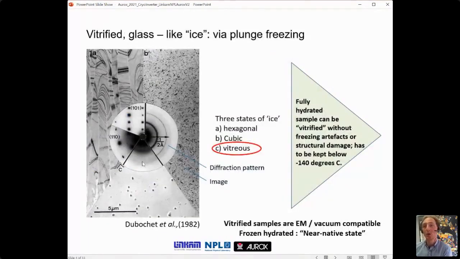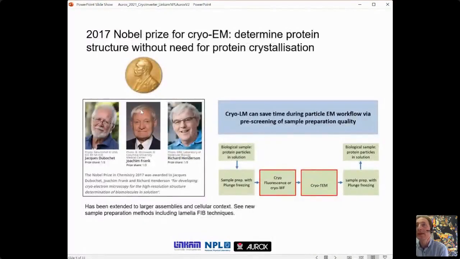Throughout the workflow, you will need to keep your sample colder than -140 degrees Celsius, because otherwise you will get crystal formation and that will destroy the ultrastructure of your sample. That's an image from the Dubochet paper that most of you have probably seen.